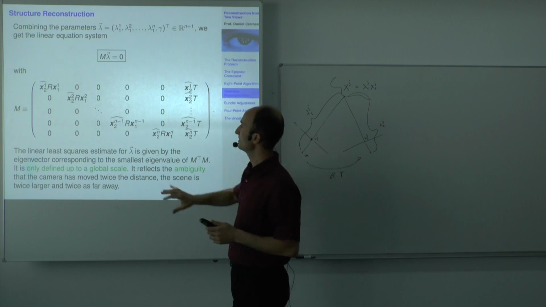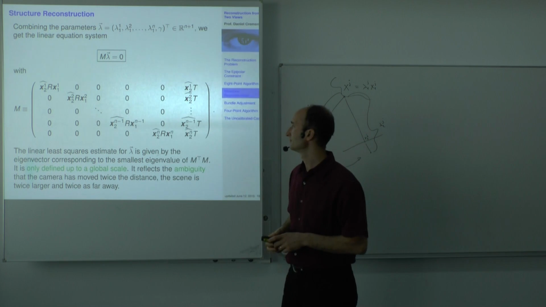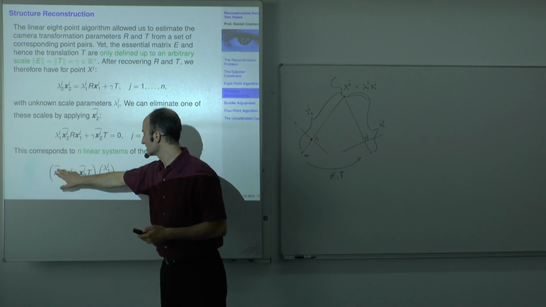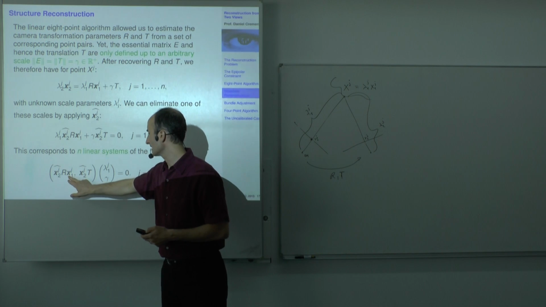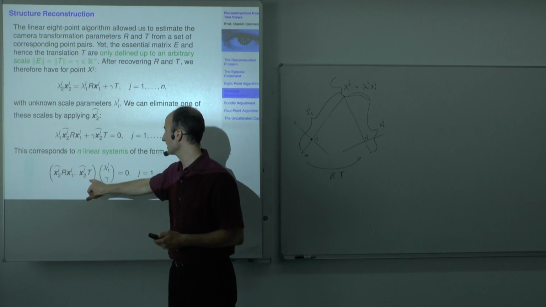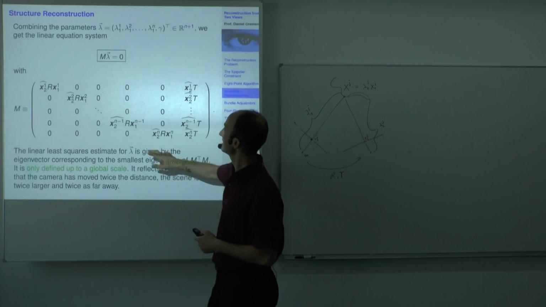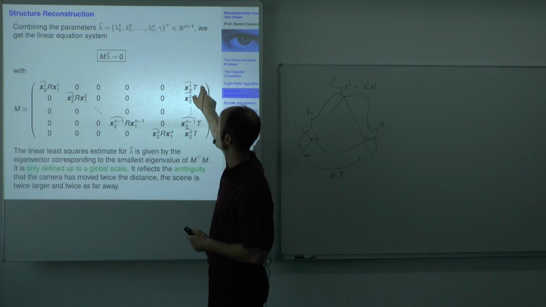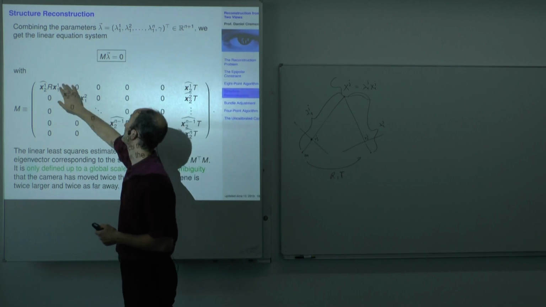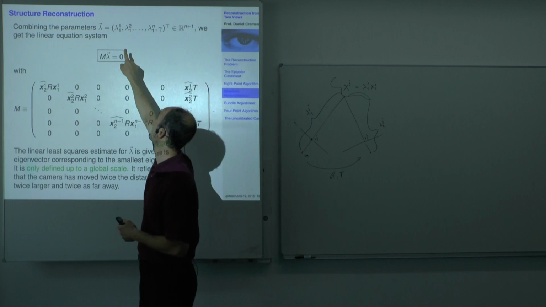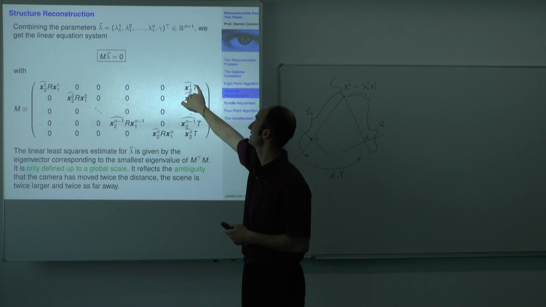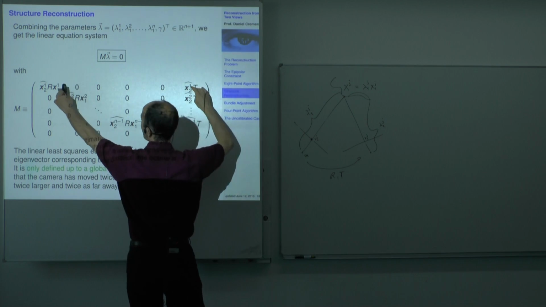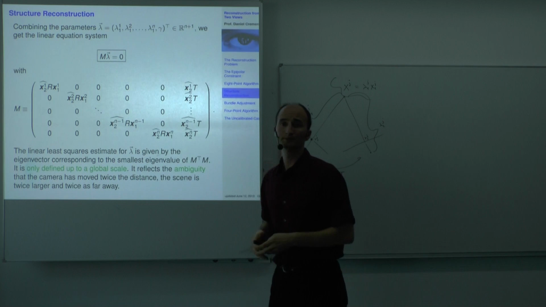And the matrix M looks like that. In fact, if we go back, here you see x2j hat R x1j times lambda 1j plus this one times gamma, and that's exactly what we have here. If you look at that, for example, the first row gives us an equation for the first point saying this expression times lambda 1,1 plus this expression times gamma equals 0. And so all our equations are here in these separate rows.